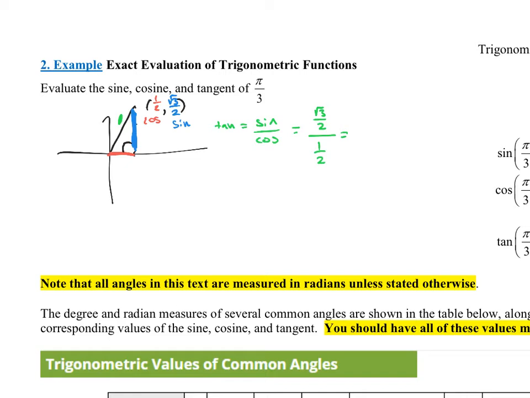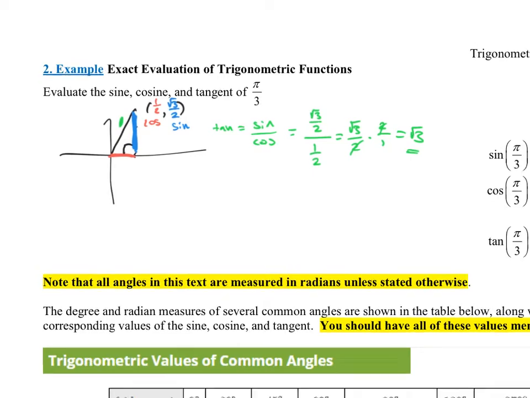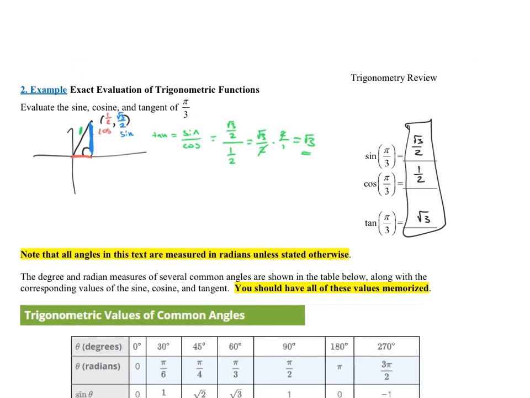If you remember, keep, change, flip, or multiply by the reciprocal. This is root 3 over 2 times, well, flip 1/2 would be 2 over 1. The 2's would simplify, and I'd end up with the square root of 3. So that gives me the cosine value, the sine value, and the tangent value. And if you look, that's exactly what we got on our calculator. So can you use your calculator? Yes. Should you be able to do it without your calculator? Yes as well.